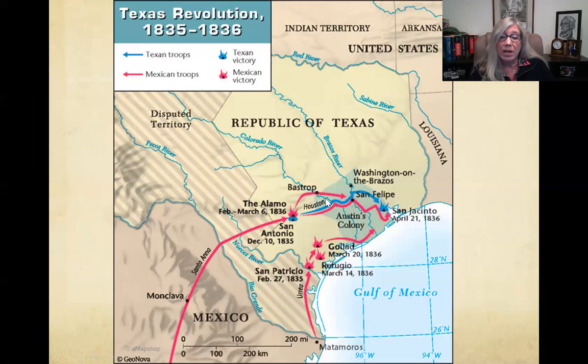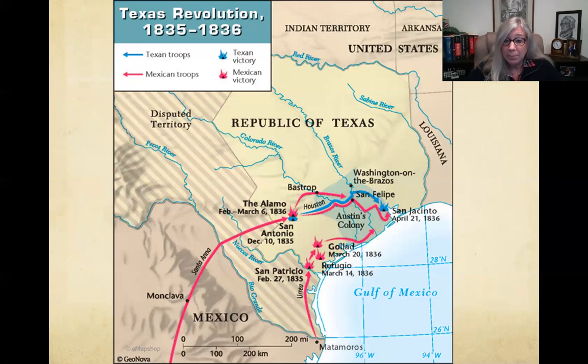So Sam Houston gets a trap basically set up here at San Jacinto, lures Santa Anna to go in that direction. And here in April of 1836, so this is February and March, the disaster that happens here at the Alamo. A month and a half later, the Texans, led by Sam Houston and other frontier forces who have come to supplement him, are going to lure Santa Anna in to San Jacinto.